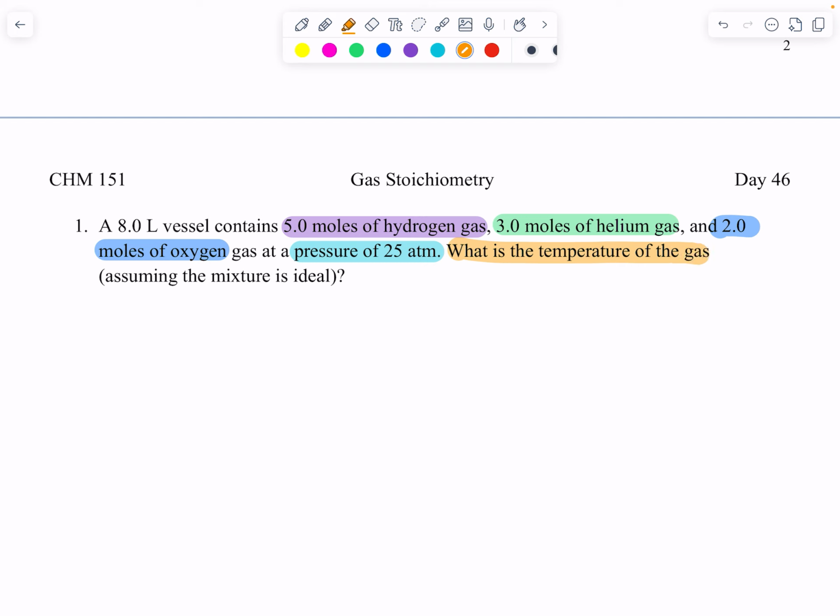What is the temperature of the gas? Well, we have a PV equals nRT here, it looks like. Oh, I missed the 8-liter vessel. Didn't highlight that.